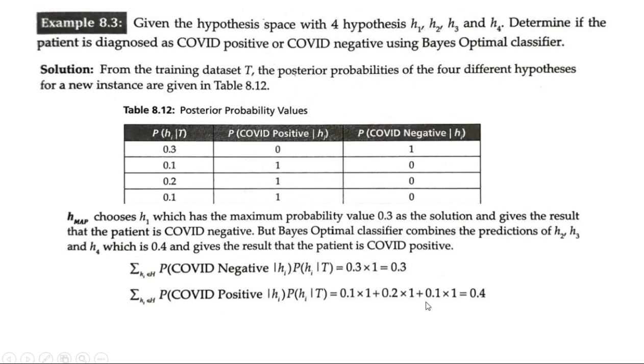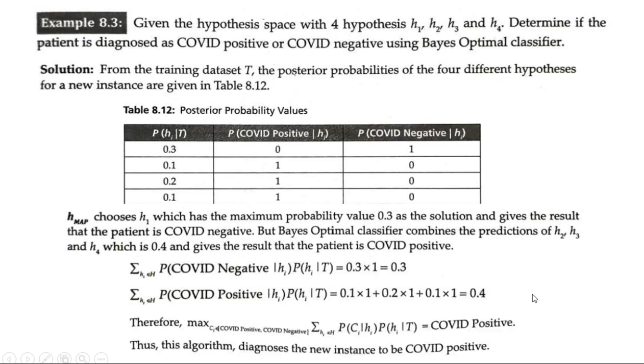For COVID positive, you sum up over all the hypotheses the probability of positive into the probability that the hypothesis belongs to the class. Here it is 0.1 into 1 plus 0.2 into 1 plus 0.1 into 1 plus 0.3 into 0, which is anyway 0. So I get the value 0.4.